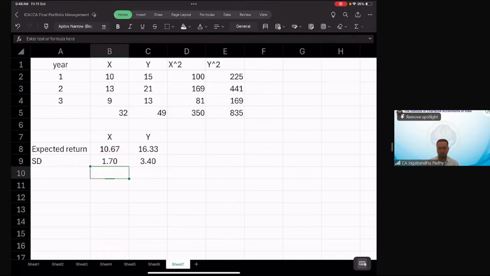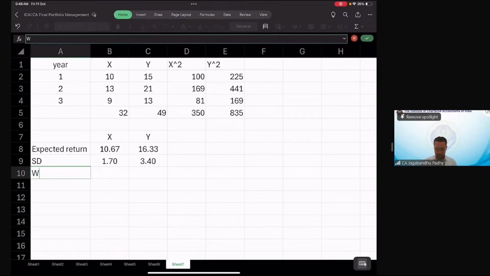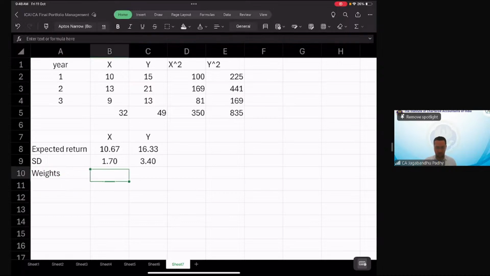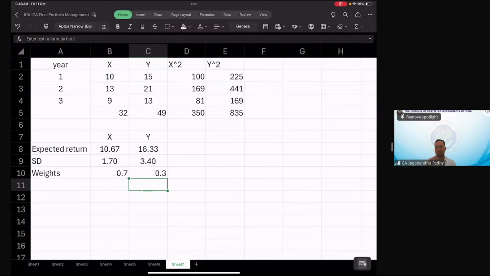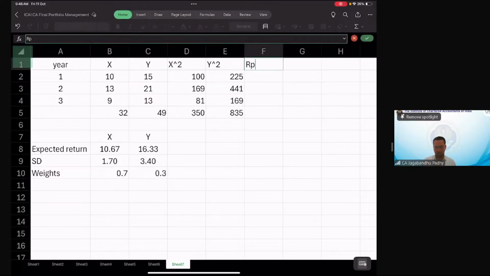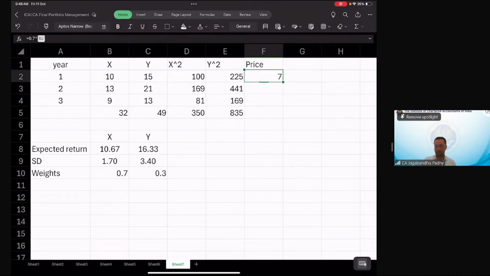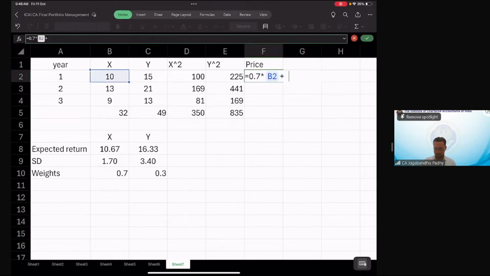Yeah. So now if I ask you what will be the portfolio weightage, now let's say we are assigning weight of 0.7 over here and 0.3 over here, 70%, 30%. So I can get the return of portfolio. Return of portfolio will be weight of X into return of X plus weight of Y into return of Y. So it will be like 0.7 multiplied by 10 plus 0.3 multiplied by 50.